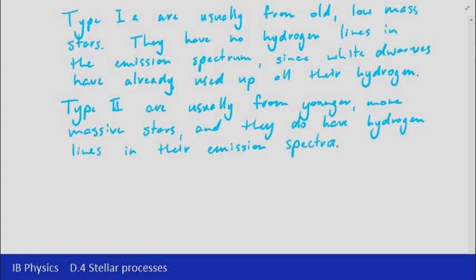If there aren't, it's going to be a type 1a. And the reason why we do get those hydrogen lines is that hydrogen is still fusing in the outer shell of a type 2. So there's two key differences.